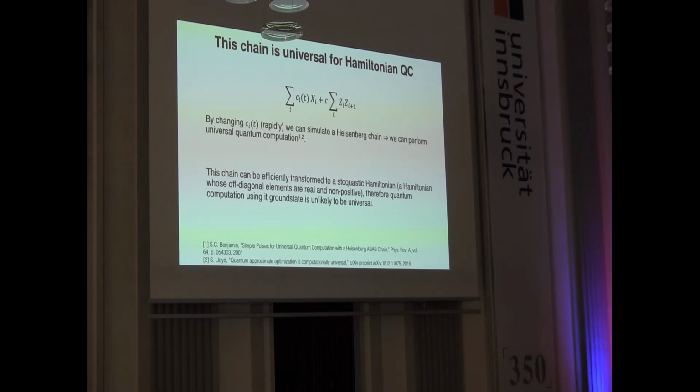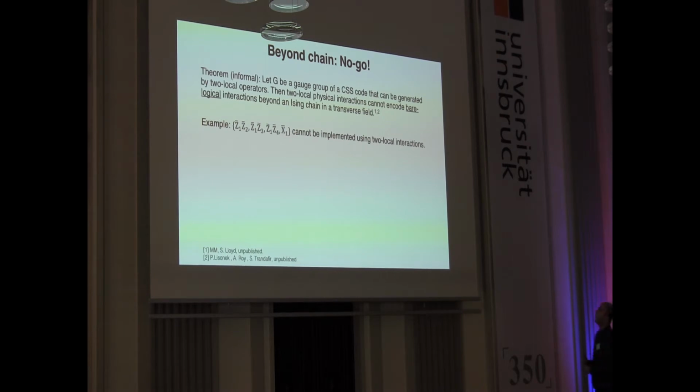Can I go beyond this chain? No. We can prove a no-go theorem showing that if you insist on using bare logical operators, you can't go beyond chains. Let's say you have one specific node, Z1. Just focus on one qubit, like qubit 1.